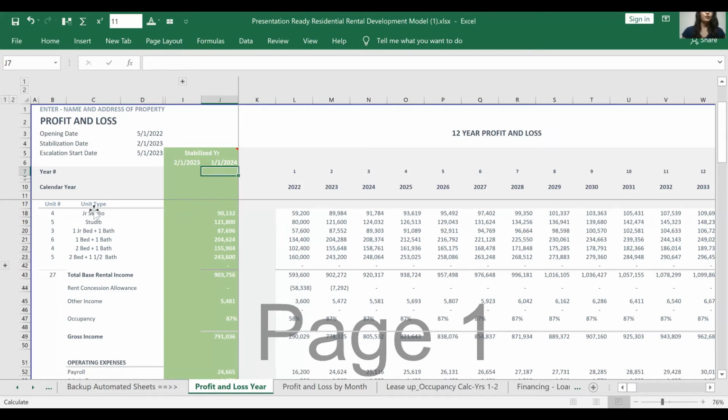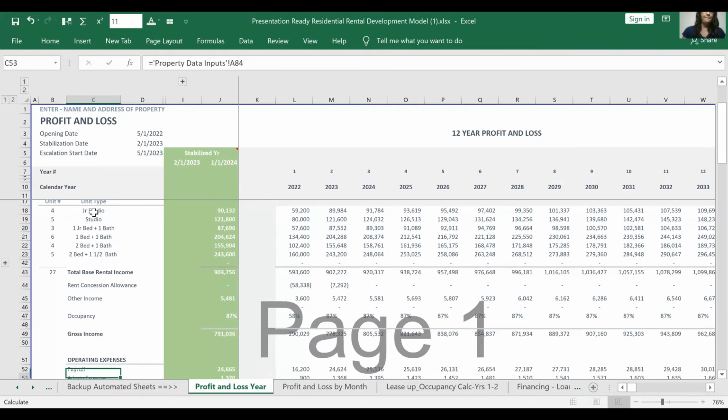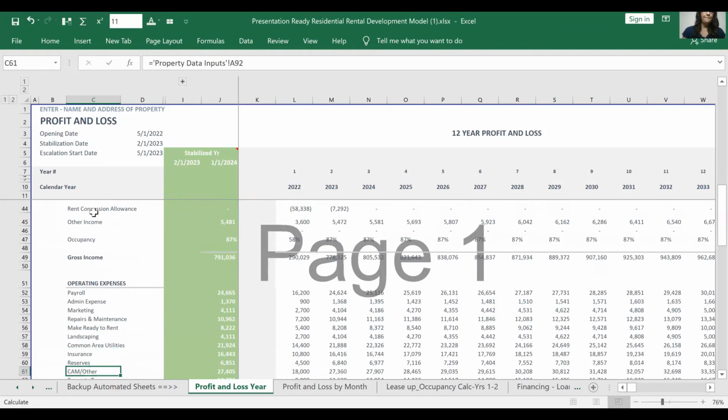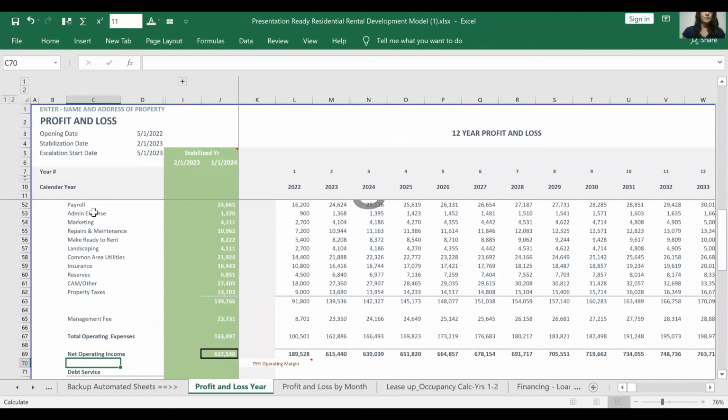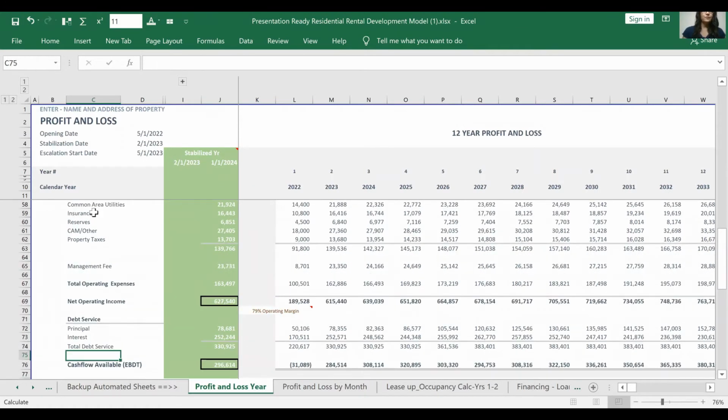As you can see, I've pulled all this information from the data input tab. There's my rent concession, my occupancy, I have all my operating expenses by unit, my debt service here at the bottom. Another thing to look at is your operating margin.